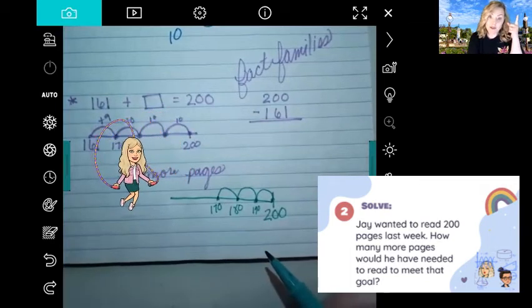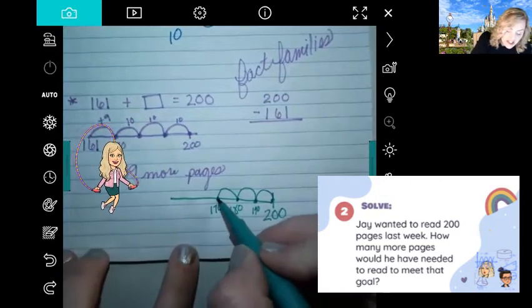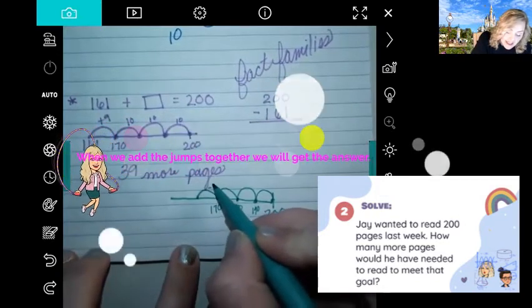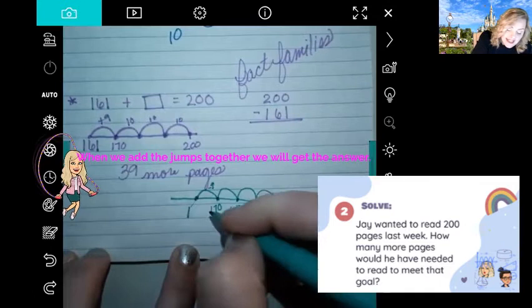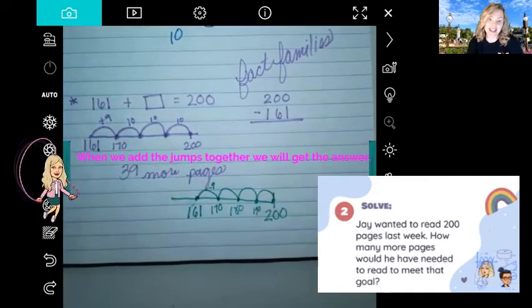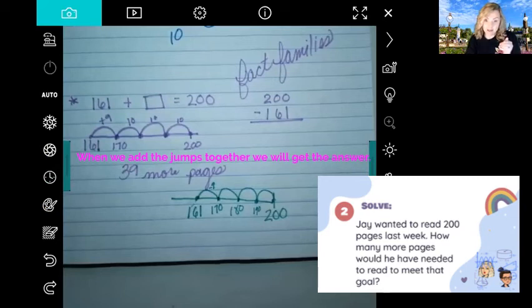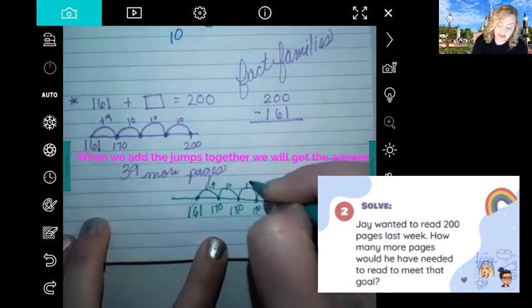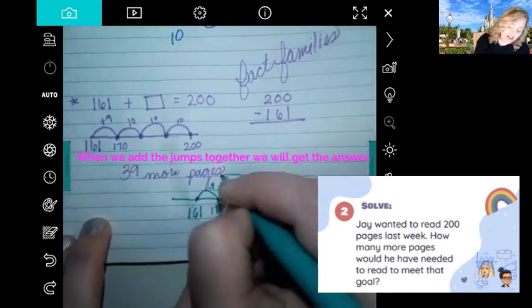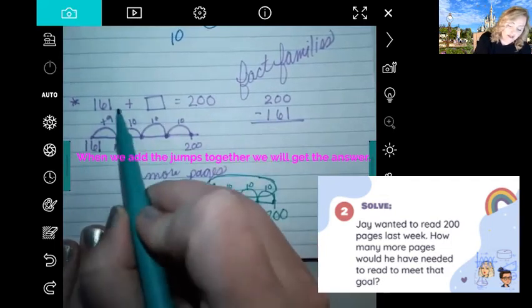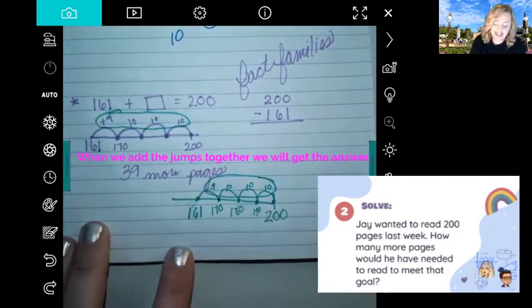And then, oh, it was 161. So then I know I need to just go back 9 more. And then I'm going to get 161. And that is my answer. So no matter if you're using adding for subtracting or subtracting on the number line, you can get the same thing, because when I add up the difference right here or the difference here, I get the same number.